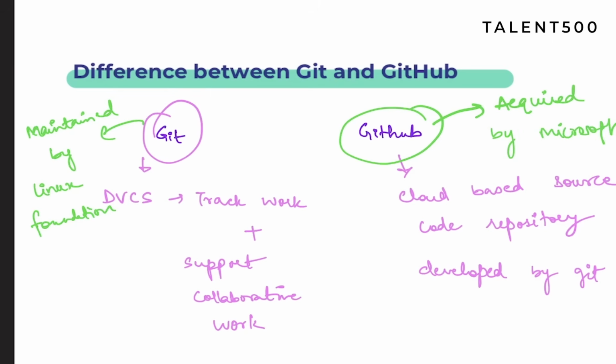Okay. Also, when you talk about Git, what are the competitors for Git? So SVN, Mercurial. These are all the competitors for Git. On the other side, when you talk about GitHub, what are the competitors? So GitLab, Atlassian Bitbucket. So these are the competitors.